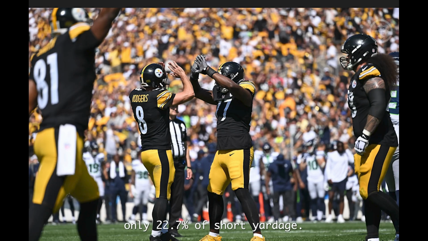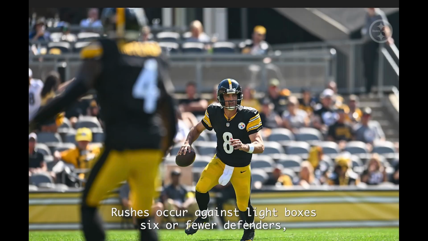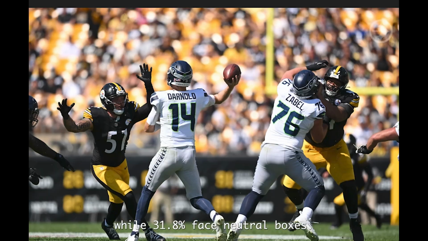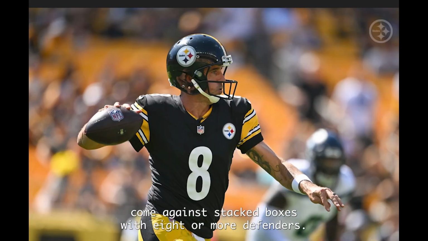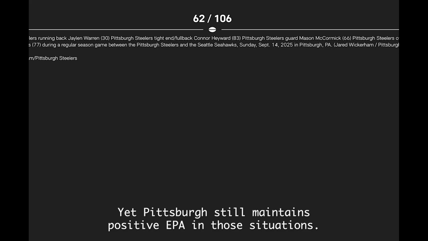Only 22.7% of short yardage rushes occur against light boxes, 6 or fewer defenders, while 31.8% face neutral boxes, 7 defenders. Most impressively, 45.5% of these attempts come against stacked boxes with 8 or more defenders. Yet Pittsburgh still maintains positive EPA in those situations.